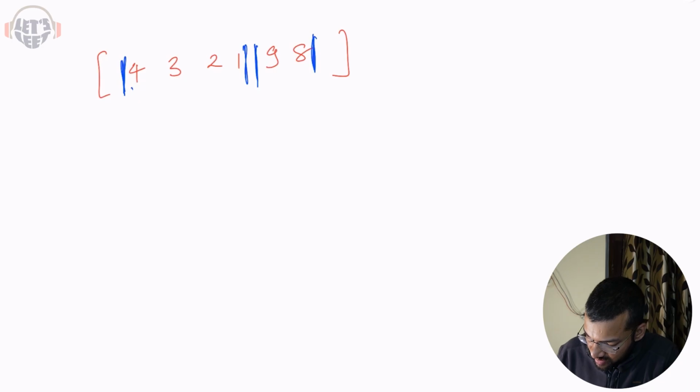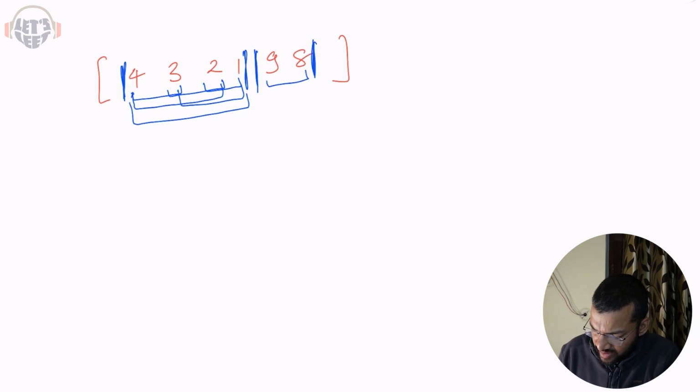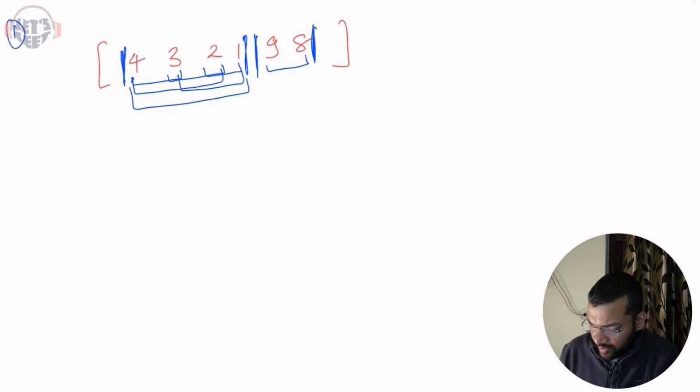Now, understand this. This can be one group, this can be one group, and this can be one group. This altogether can be one group, and this altogether can be one group, and this whole can be one group, right? Similarly, this can be one group. Now, in the question it is said that a number in itself is a smooth transition, right? But let's forget about this right now.